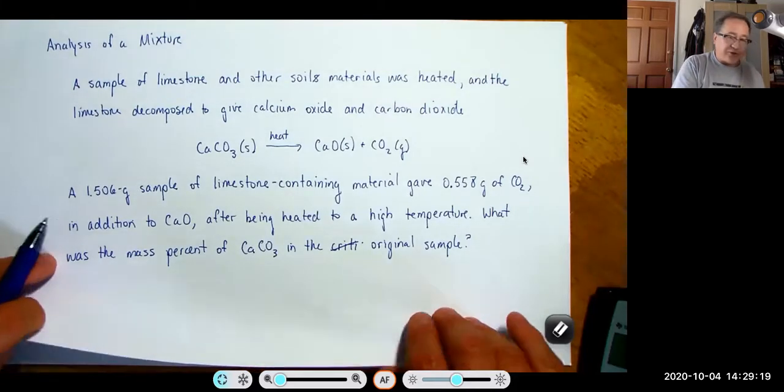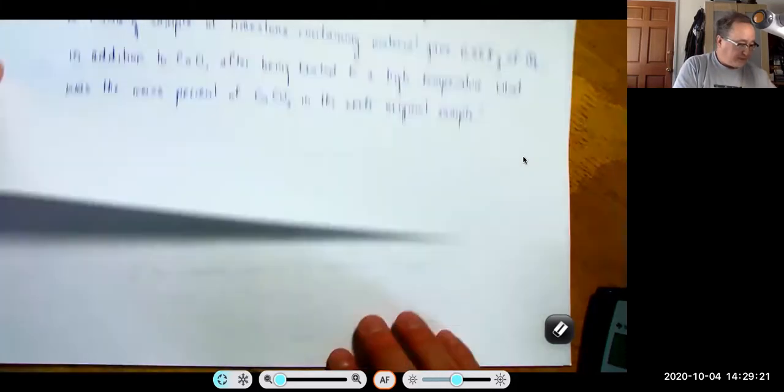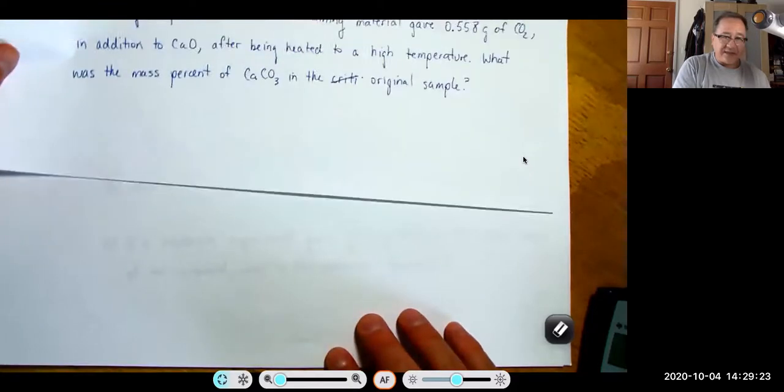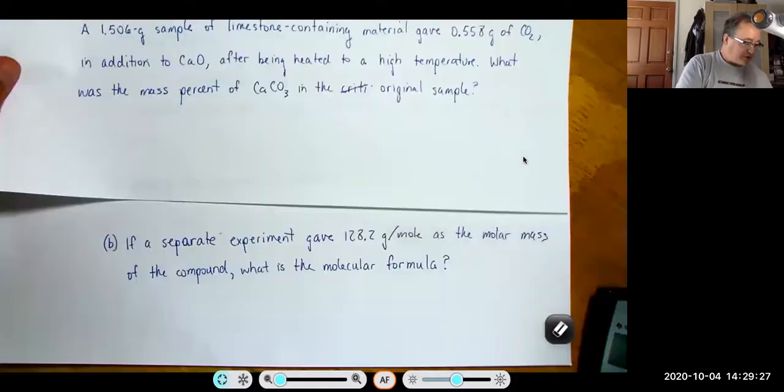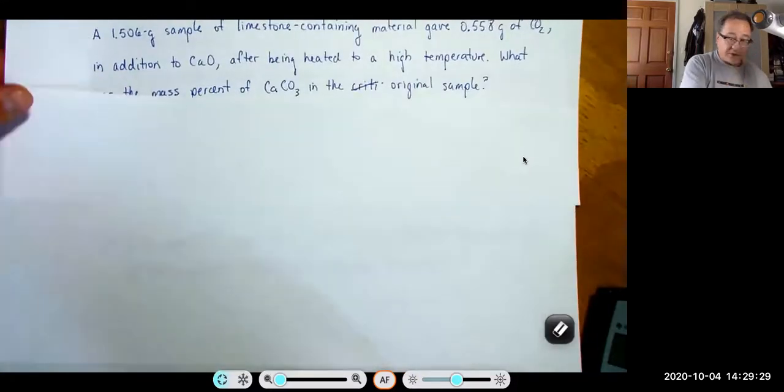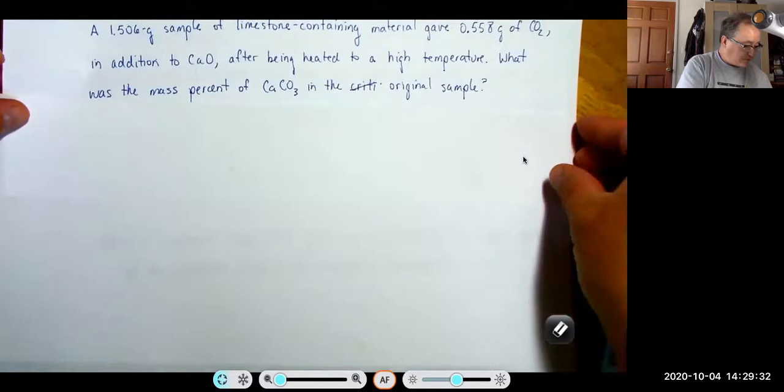So let's start this one off correctly. What is the mass percent calcium carbonate in the original sample? That's where we should be starting. So how do we do that? We start off with the formula.